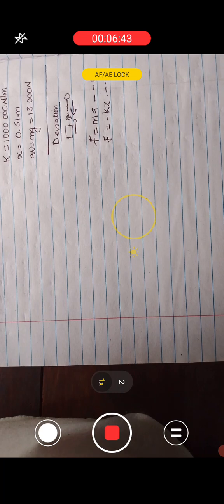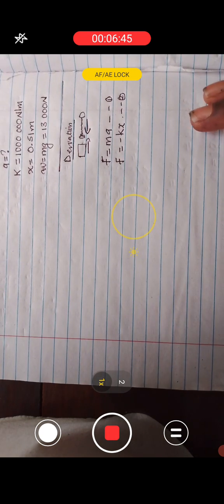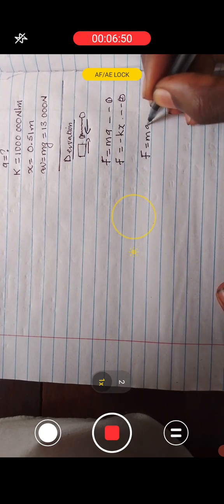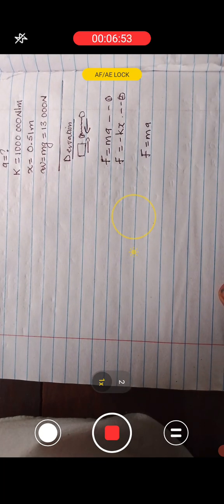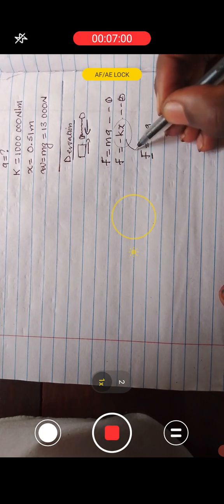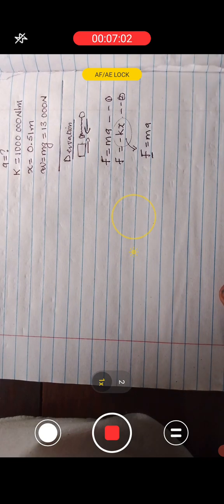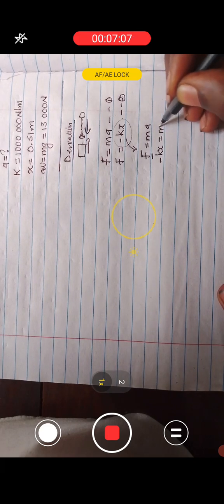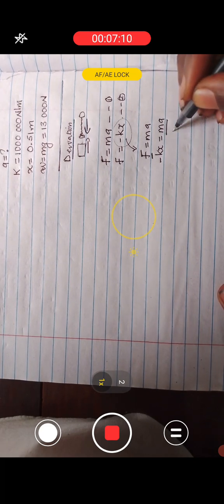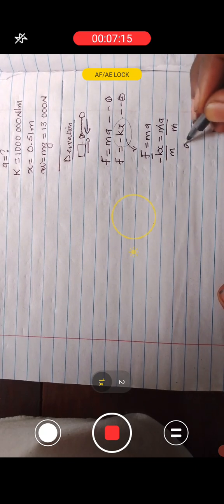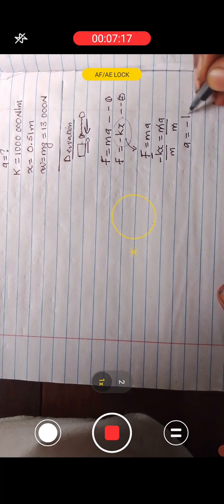For me, I'll pick equation 1, which is force equals mass times acceleration. I know that force can also be represented as negative kx. So where there is F, I can replace it with negative kx. So negative kx should be equal to ma. Then I divide by mass on both sides. So there you get the equation for acceleration.